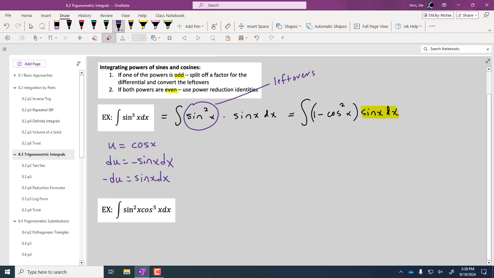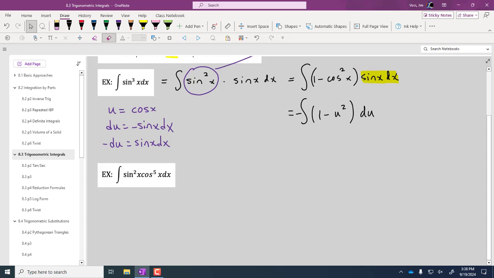So that allows us to rewrite this as 1 minus u squared. Right, so we said cosine was u, so 1 minus u squared. Sine of x dx is minus du, so we're going to put a du and let's put the minus out in front. And that's an easy integral. So we just have the power rule.